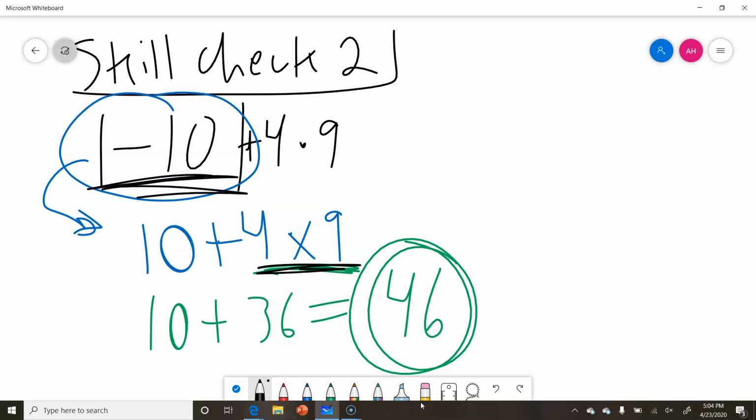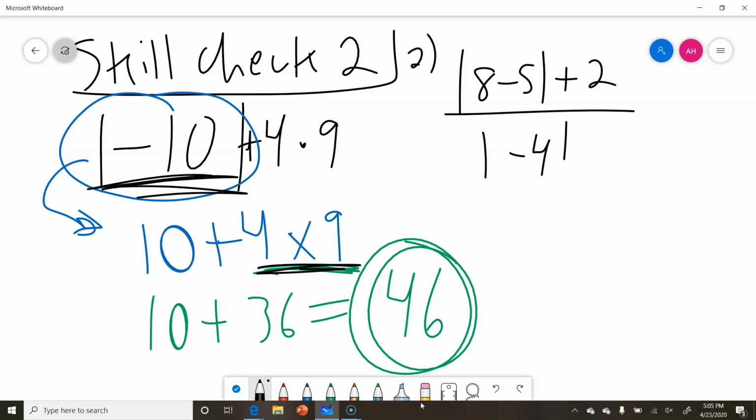So now let's do skill check number 2, part 2, which is the absolute value of 8 minus 5 plus 2, all of that divided by the absolute value of -4. Now what I do here is I do the absolute value of this top part first. So what's 8 minus 5? Well, that's 3. And I take the absolute value of 3, and that's also 3.